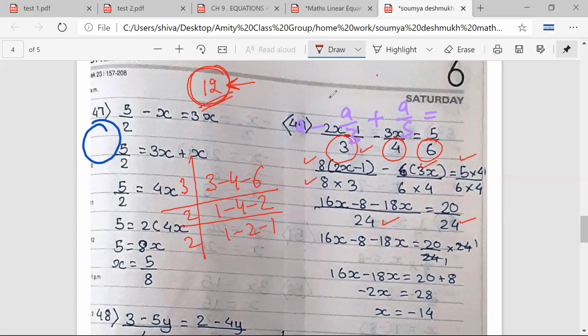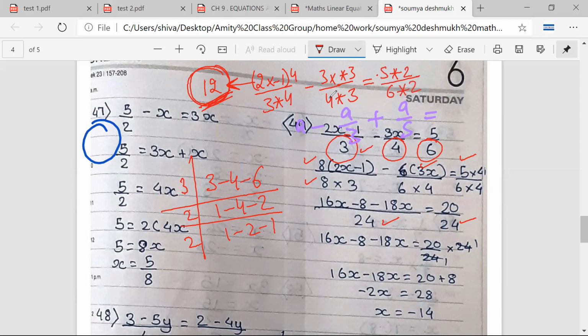So for example, if I want to take 12, what I'll do is 2x minus 1 upon 3 into 4 minus 3x upon 4 into 3 is equal to 5 into 2 and 6 into 2.